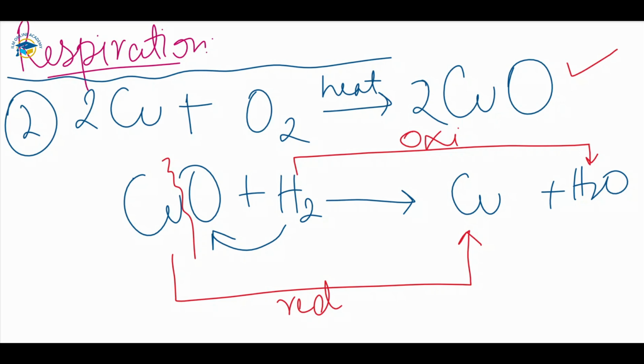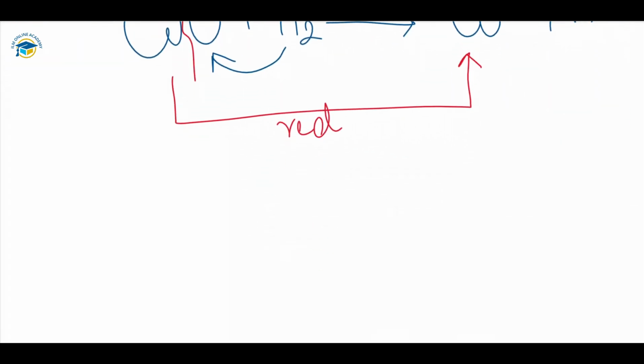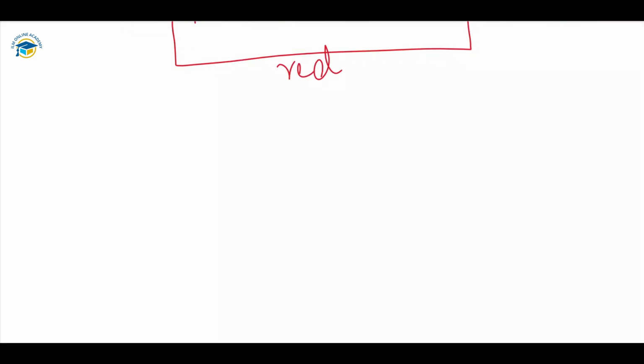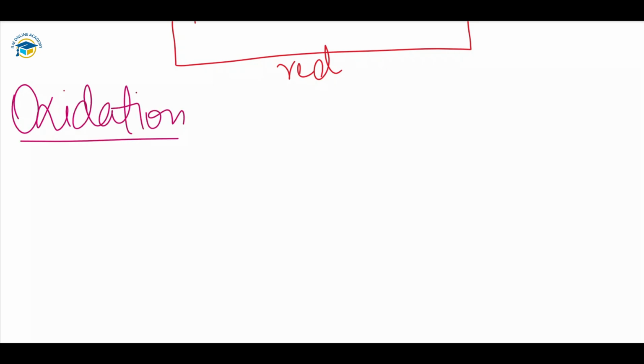So this is the reduction of the copper oxide with the hydrogen and also the oxidation of the hydrogen to get the water. There are some important things that you should notice, the words in which we are describing these substances. We have oxidation reactions and we have reduction reactions. Now I will tell you about the oxidation and the reduction. Oxidation is the addition of oxygen.